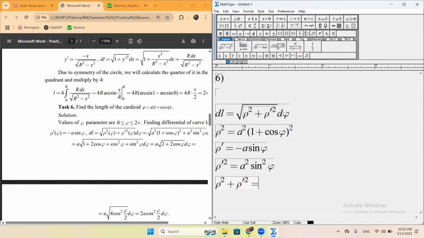So a square will be out of brackets, and what do we have? 1 plus 2 cosine of phi plus cosine square of phi plus sine square of phi.